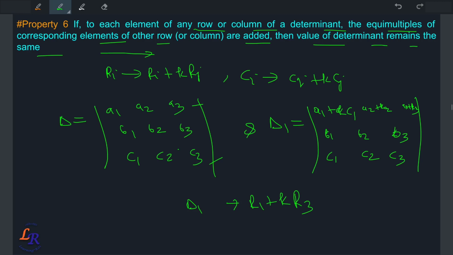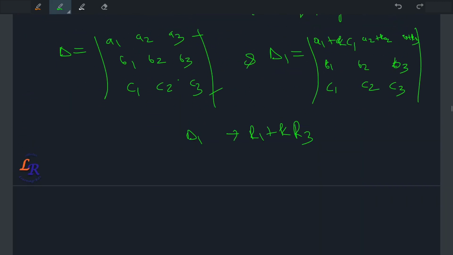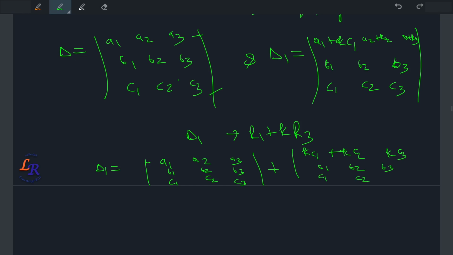Now utilizing the previous property, how can you write it? You can write delta 1 as the determinant a1, a2, a3, b1, b2, b3, c1, c2, c3, plus the determinant k c1, k c2, k c3, b1, b2, b3, c1, c2, c3.